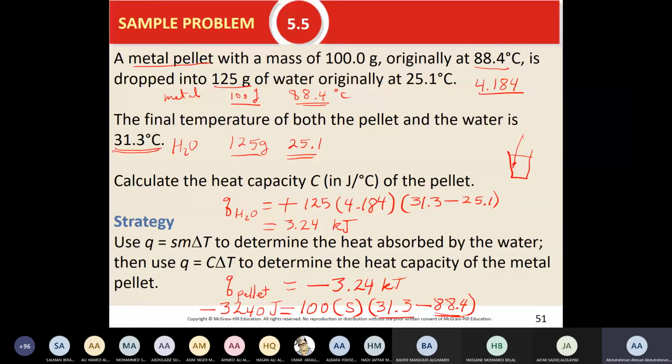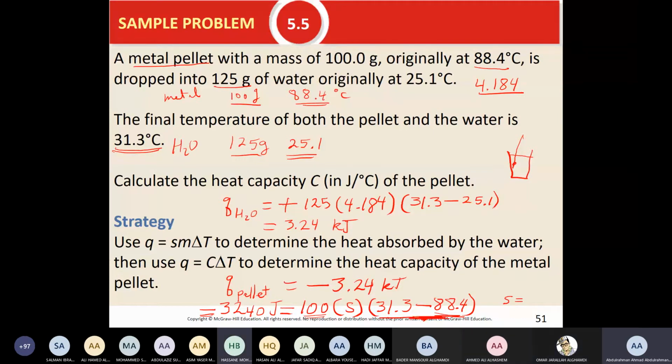Okay, then what's the value of the specific heat? The minus here will go with the minus here, so it's positive. 3,240 divide by 100 and then divide by the difference in temperature.